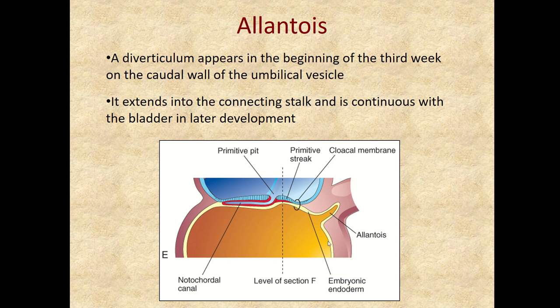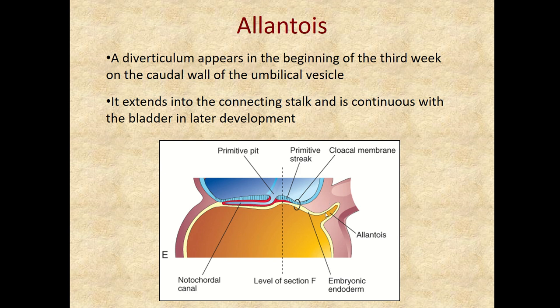So it's a small diverticulum that happens in the umbilical vesicle, and it's going to extend outwards into the connecting stalk. So later on, this connecting stalk will eventually develop into the umbilical cord.